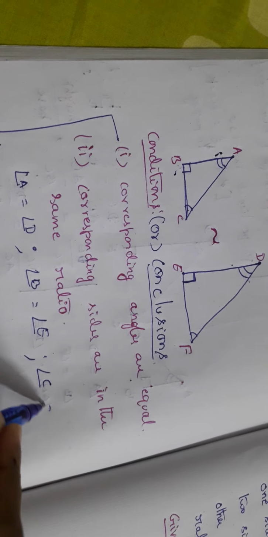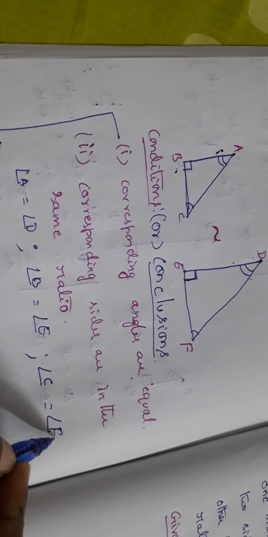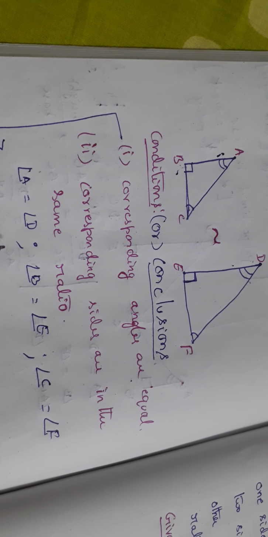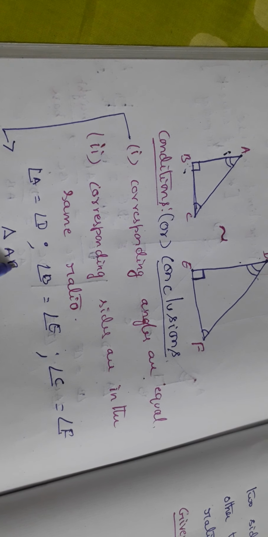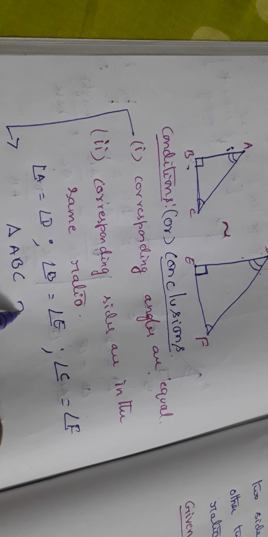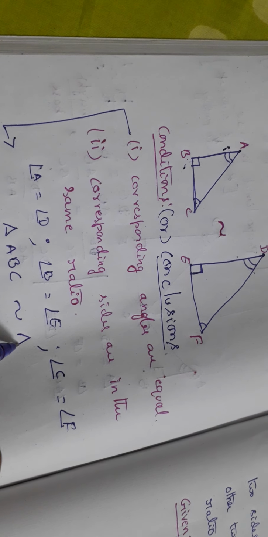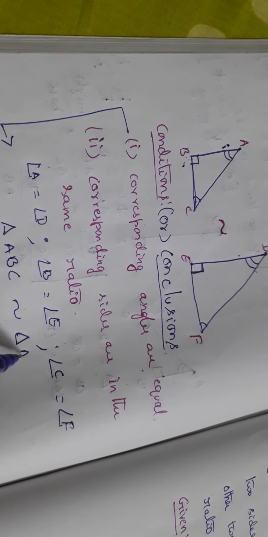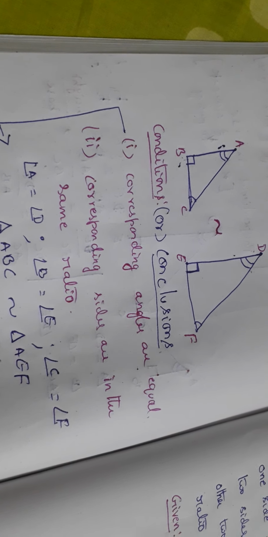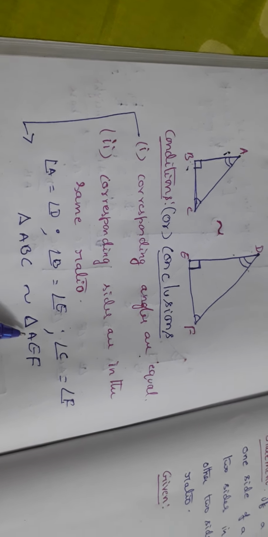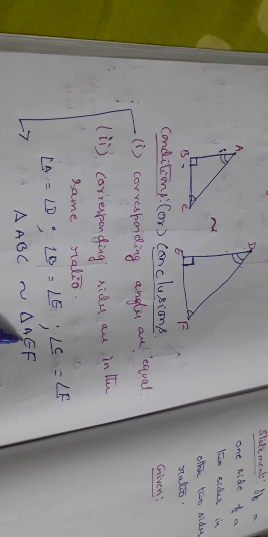Angle C, which is of course equal to angle F. So how do we write which triangles are similar? Triangle ABC is similar to triangle DEF. By mistake, you should not write it as DFE.